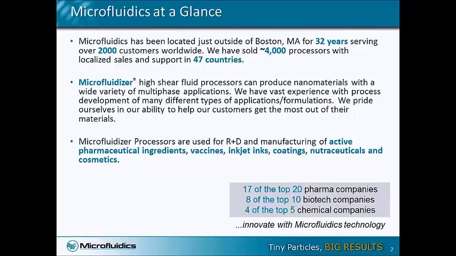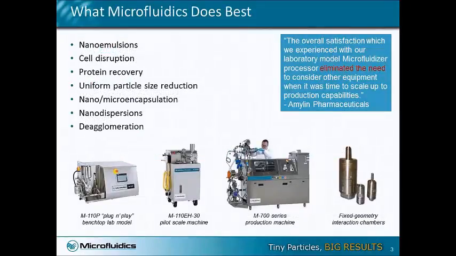What the Microfluidizer does best is we can create a variety of nano-sized materials, such as nanoemulsions. We can do very high efficiency cell disruptions with very high protein recovery. We can reduce particle size efficiently, create particles that can encapsulate valuable materials inside, and efficiently deagglomerate dispersions.